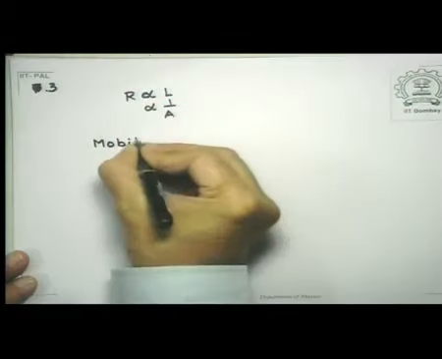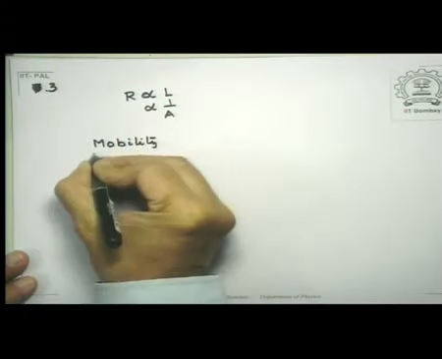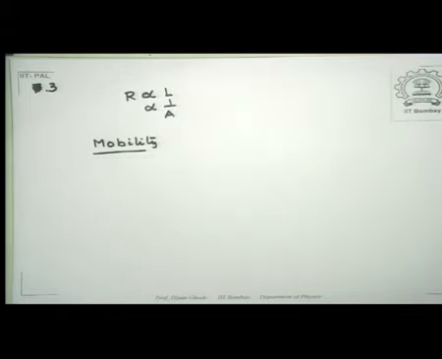So let me define a new term which is called mobility. Dictionary-wise, when I say that something is mobile, mobility is ability to move. But of course in physics we have to be a lot more precise. It's not just ability to move, but that's where the name comes from.